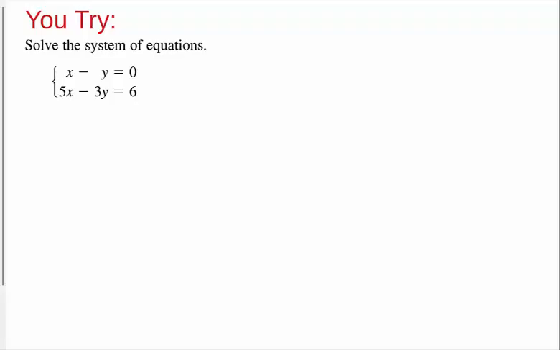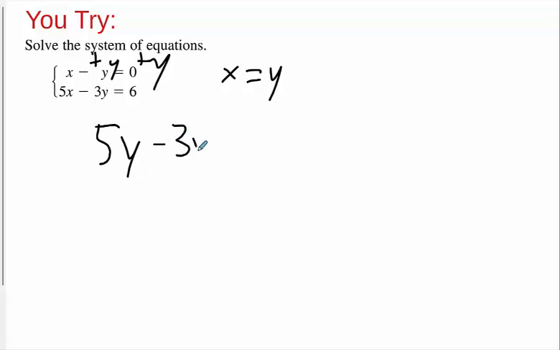Okay, I'm assuming you've paused the video and tried it, so let's just do it real quick. I like substitution for this one. I can add y to both sides and get x equals y, or y equals x, either way. So we'll just plug in y for x. We can say 5y minus 3y equals 6. We can combine like terms. 5 minus 3 is 2. 2y equals 6.